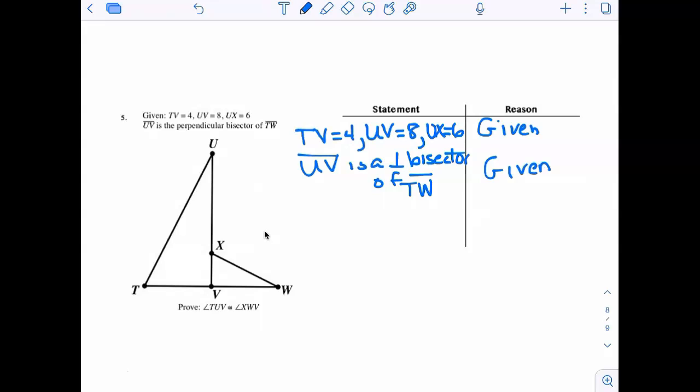Okay, so again, if we have a perpendicular bisector, then that tells us that we have right angles.